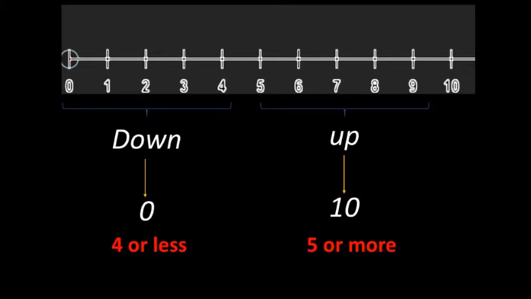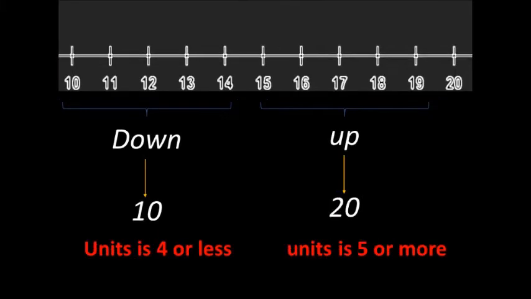Another number line, but starts from 10 and comes to 20. Look at the digits of the units. Units digits are 0, 1, 2, 3, 4, 5, 6, 7, 8, 9. The numbers which have the units digit from 0 to 4, 4 or less, we call them again down, but this time down to 10 because the tens digit here is 1.